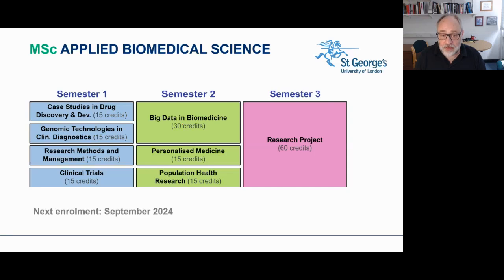As an important part of this, you will learn skills, especially programming skills. We focus specifically on the R programming language, which is used quite widely in this area, and Excel as well in some of the lectures and some of the sessions on human genomics and other tools that are commonly used in this field.